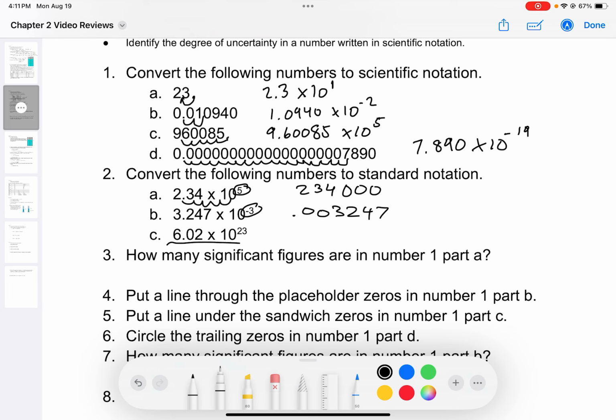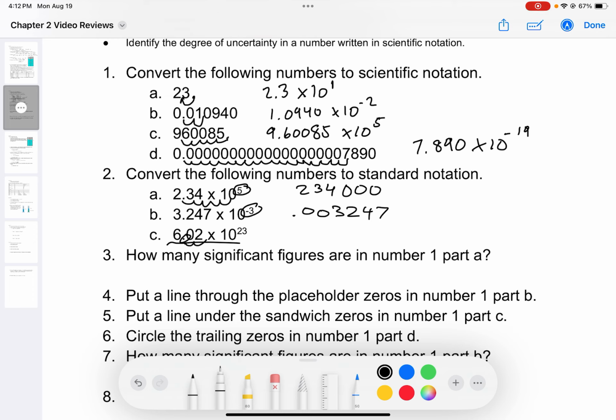Number 2, letter C. You may recognize this number. It's Avogadro's number, 6.02 times 10 to the 23rd, but we're going to write it in standard notation. That means I need to move this decimal place right here 23 spots to the right. Just to save some time, notice I already have moved it 2 spots to the right. That would take my 23 down to 21.